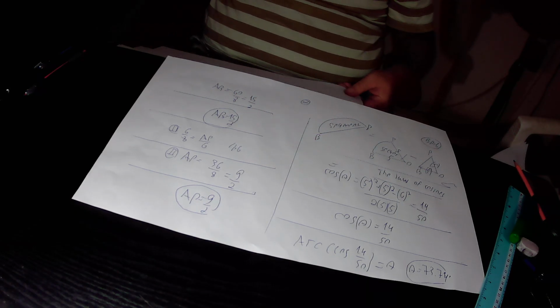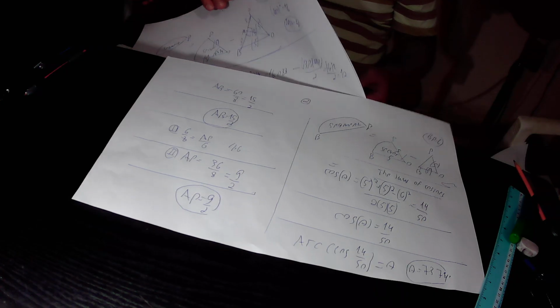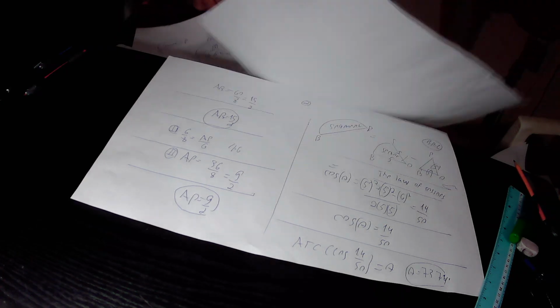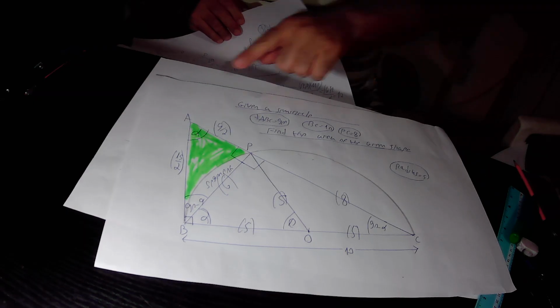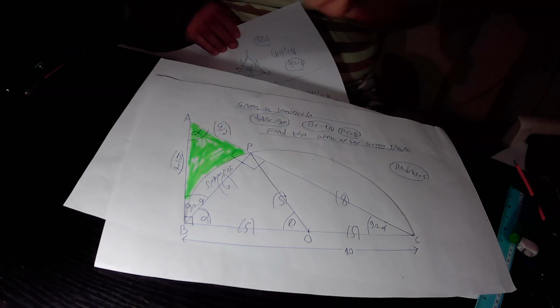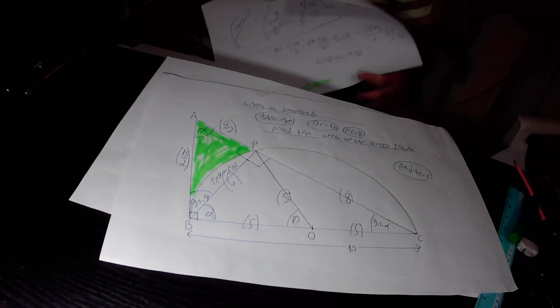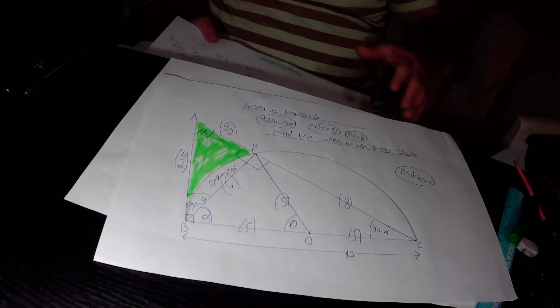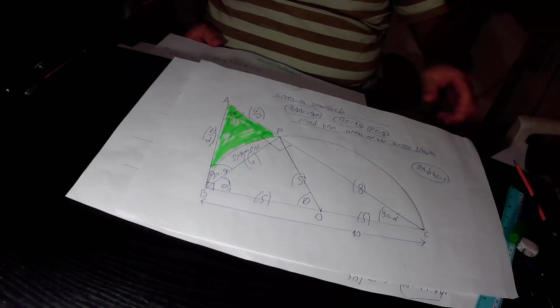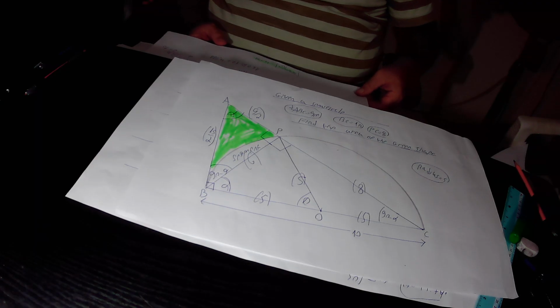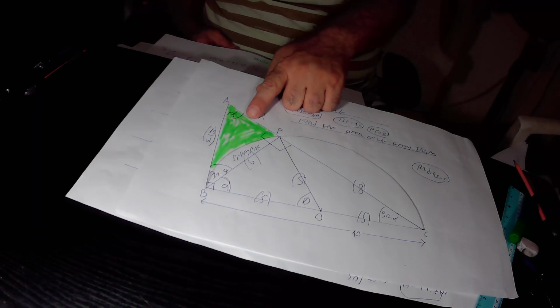So we found that AP equals 9 halves and AB equals 15 halves. Okay. So our task is to find the area of this green shape.